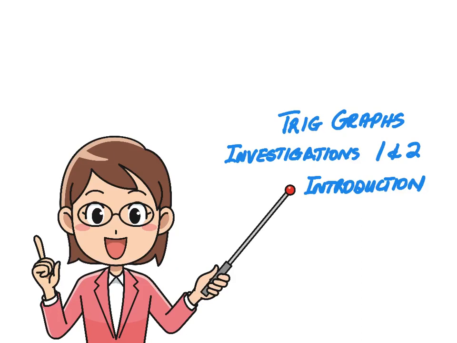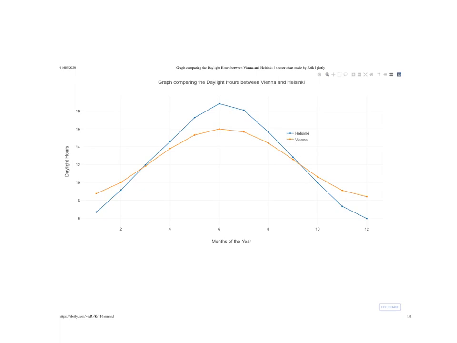This is a short video that introduces you to investigations 1 and 2 of trig graphs. Trig graphs are important, they're interesting, and they're also really relevant. Whenever you have anything to do with movement in a circle or an ellipse, you're likely to come across a trig function.